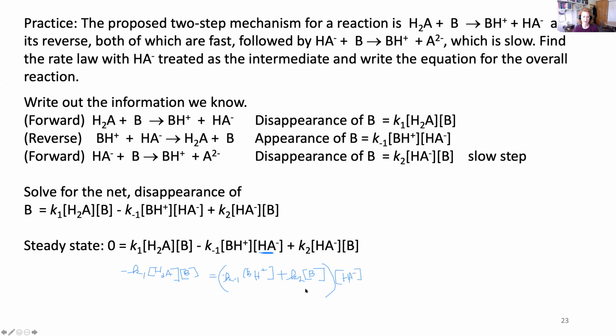So now I'm going to divide both sides by this guy. So HA minus is going to be negative K1 H2A times B divided by negative K minus 1 times BH plus K2 B, and if I multiply everything by a negative, then this ends up being subtracted by each other.